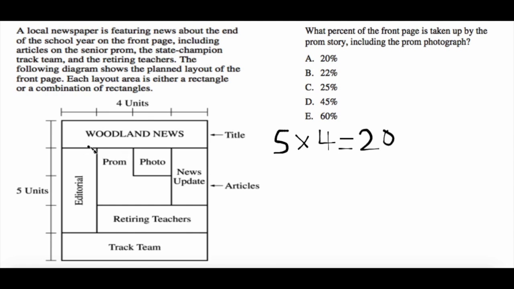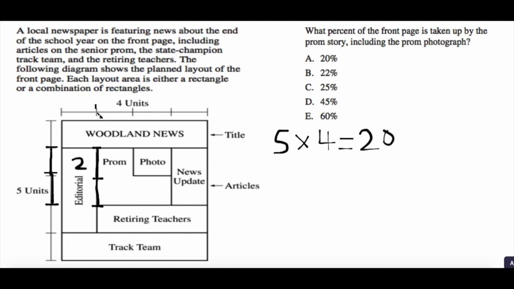So now let's zoom in on this whole part here that includes the prom and the photo. I see 1 unit right here, and then I see another unit right here. I'm looking over on the scale where it shows 5 units, and mapping it out. It looks like this side of our prom and photo portion is 2 units.